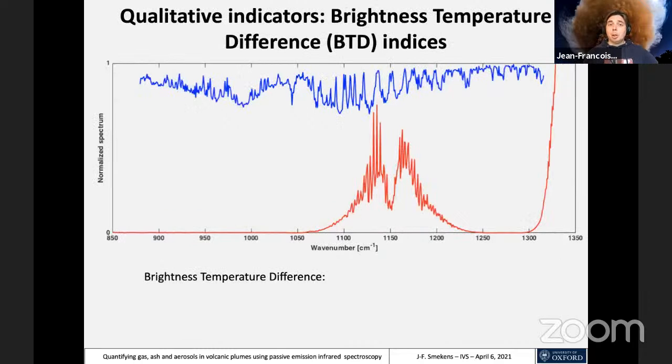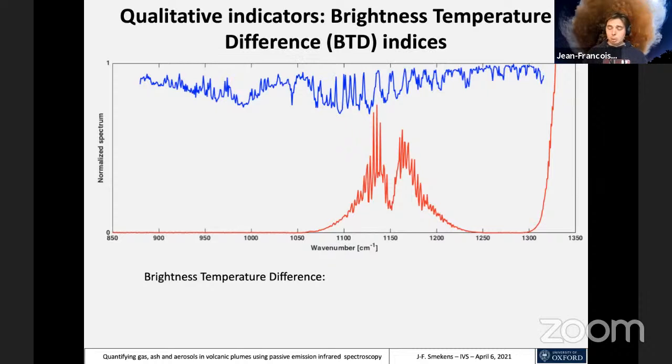The third type of qualitative indicators that we investigated are brightness temperature difference indices. The reason we did that is because it's a very common way to look at multispectral data, especially in satellite instruments, but also in ground-based instruments.